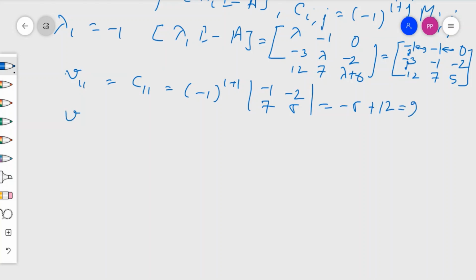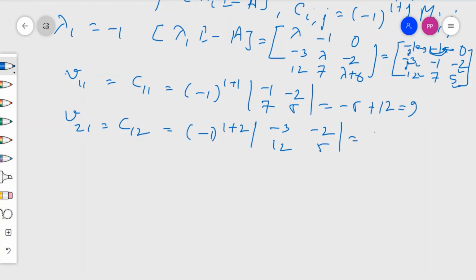Similarly, V21 equals C12. So this is equal to minus 1 power 1 plus 2. Here I am focusing on this, so I have to take this and this. So definitely this should be minus 3 minus 2 and 12 and 5.